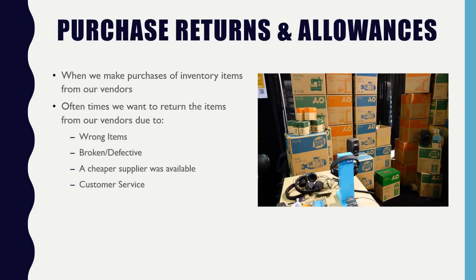For example, maybe the vendor decided to ship us the wrong item. Okay, that happens a lot. Or maybe items get broken during shipment. Or even things become defective, right?